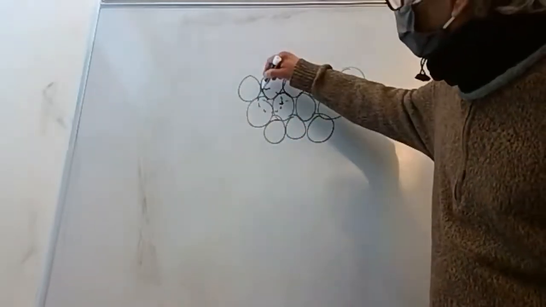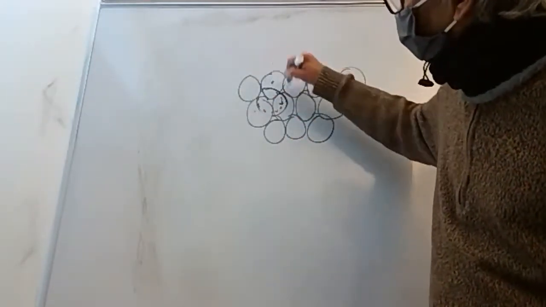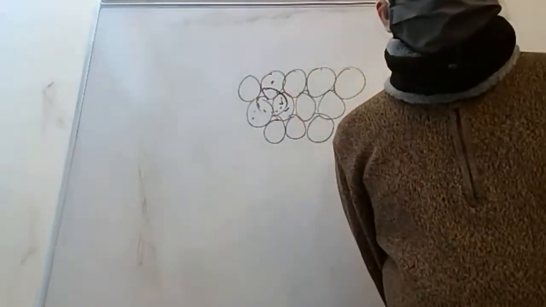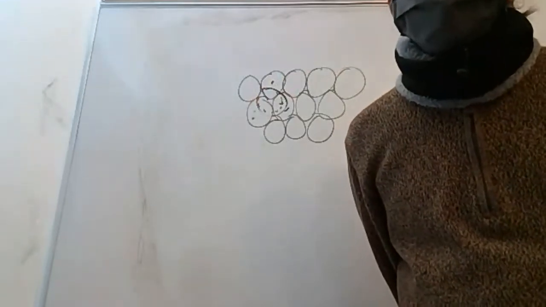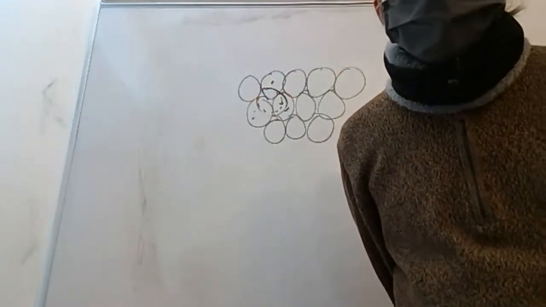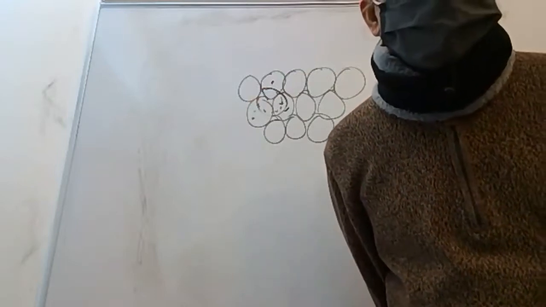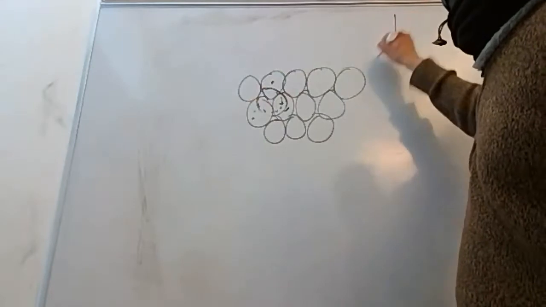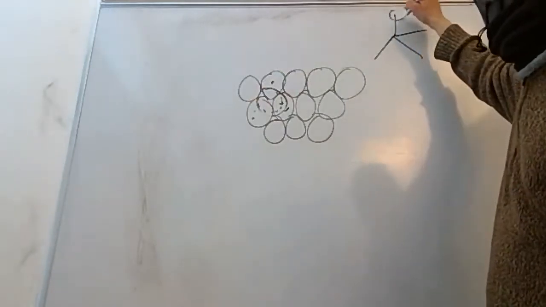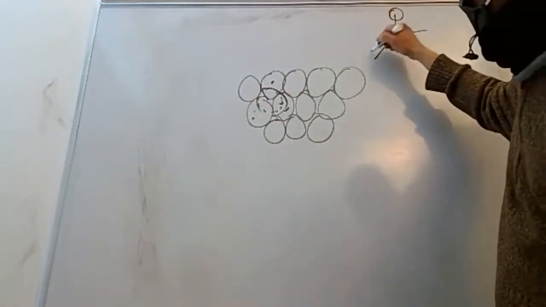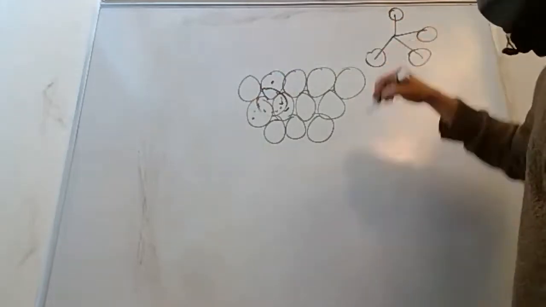If you look at the top sphere and the bottom 3 spheres, and focus your attention only on that one alone, it looks like a tetrahedron. 1 on the top, 3 on the bottom. So that's your second layer atom, and these 3 atoms are in the same layer.